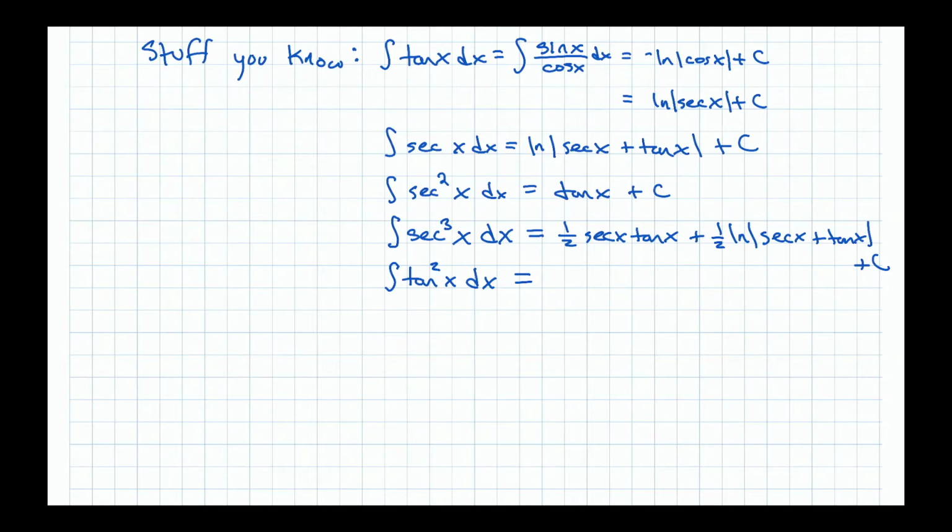The way you would deal with tangent squared is you would need a trig identity. I'm going to write down some trig identities for you today, but you should all know this identity that I'm writing now. That's called the Pythagorean identity.